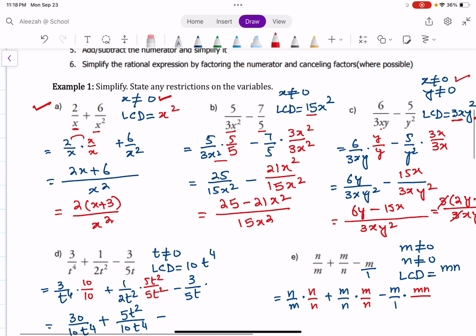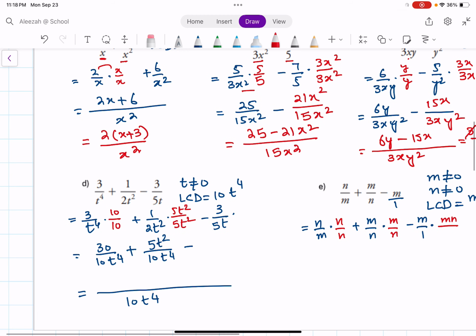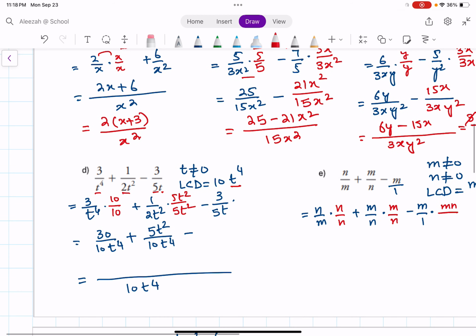Next question. Again we have to add and subtract rational expressions. The highest exponent of t is t to the 4th, so the lowest common denominator has t to the 4th, and for the numbers, it's 2 and 5, so the common denominator will be 10. Same thing as before, I multiplied and divided every term to get the common denominator.